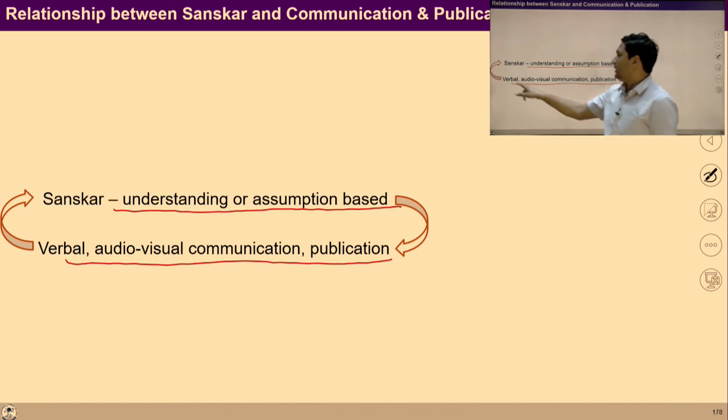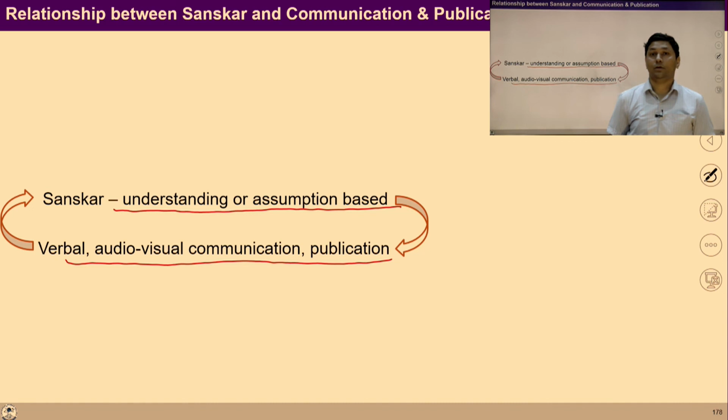So sanskar and culture are very closely related to each other. If our sanskar are based on right understanding, right assumptions, then using this media we can convey the coexistential principles, harmony, to every individual.